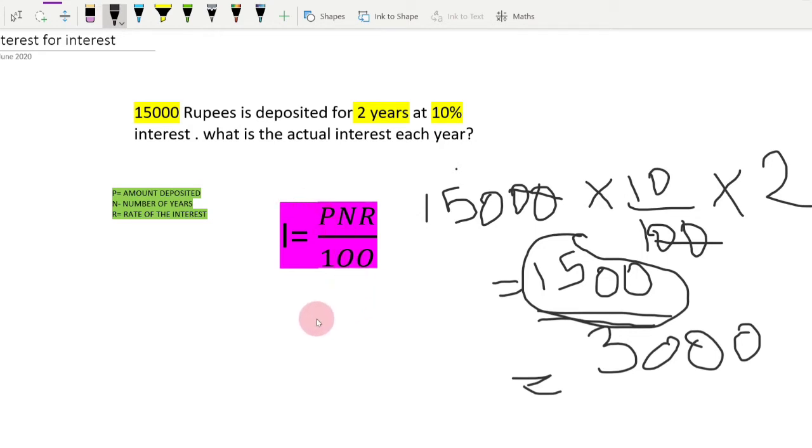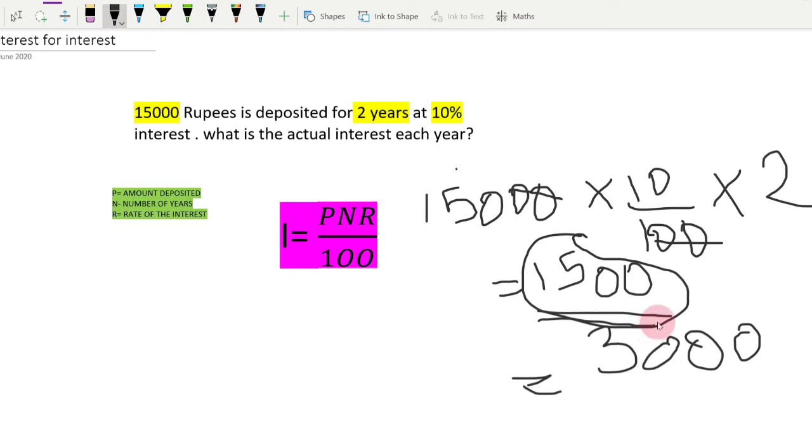In this chapter we are going to study compound interest. Compound interest means we have to pay interest on interest. That means every year we have to recalculate the principal amount. That is the difference between simple interest and compound interest.